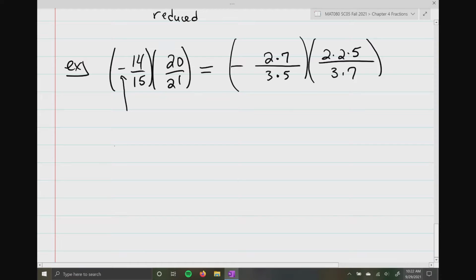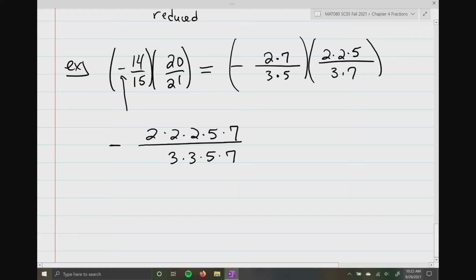So now I'll write one big numerator and one big denominator in order. 2 times 2 times 2 times 5 times 7. And then my denominator is going to be 3 times 3 times 3 times 5 times 7.